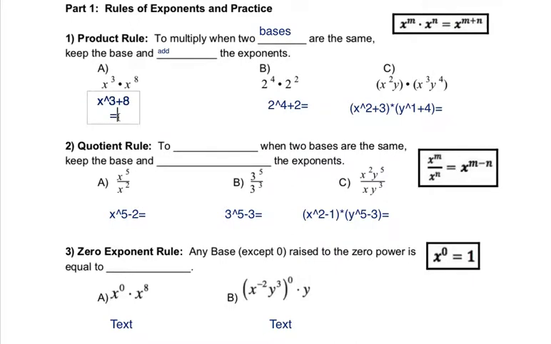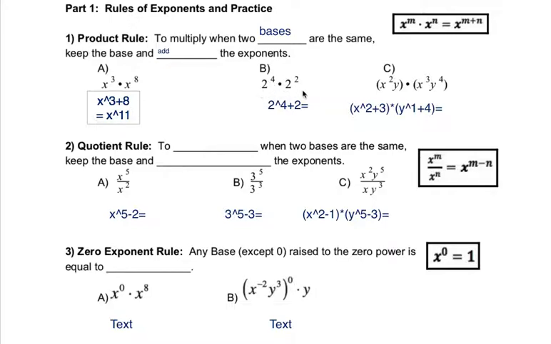In our first example here, we have x to the third times x to the 8. This becomes x to the 3 plus 8, or x to the 11th. And I'm using the caret here because I can't seem to get the superscript to work for my exponent. So this caret just means that it's x to the 11th. In example B, we have 2 to the 4th times 2 to the 2nd.